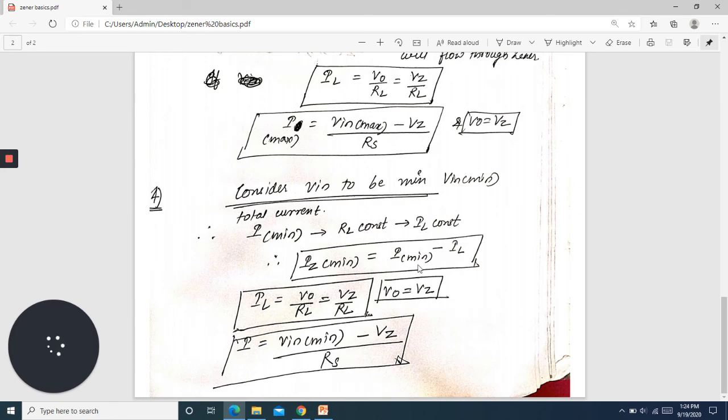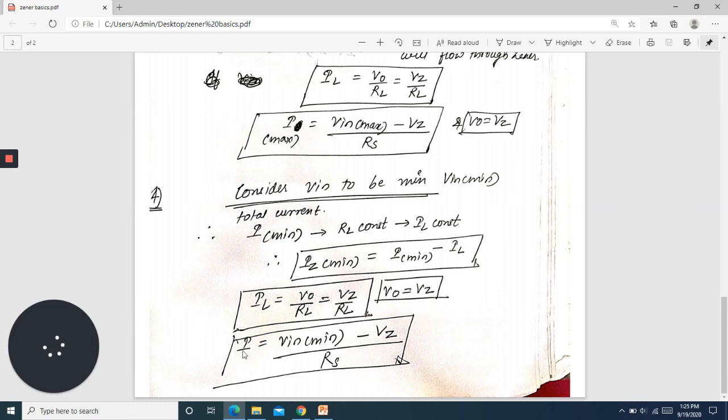So Iz minimum equals I minimum minus IL, because I minimum I have taken because Vin is minimum. So I will be I minimum. So Iz minimum is equal to I minimum minus IL. Okay. So now IL is simply VO by RL. VO is what? Vz by RL, because VO equals Vz.